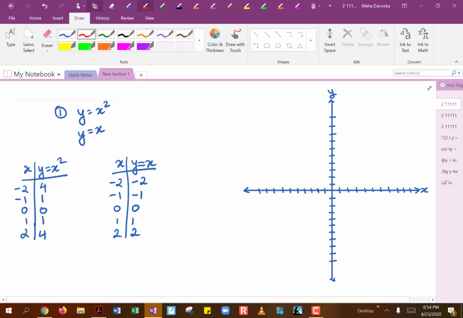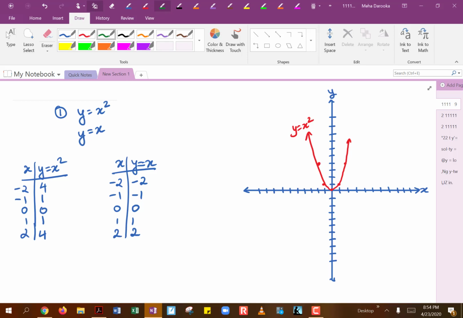So at -2, we are at +4. -1 is +1, 0 is 0, 1 is +1, and then 2 is +4. So this is kind of what this function would end up looking like, and this is, of course, our y equals x squared function.